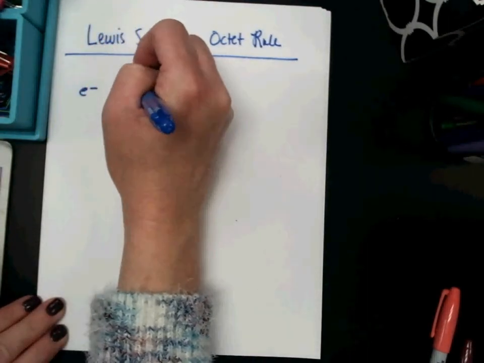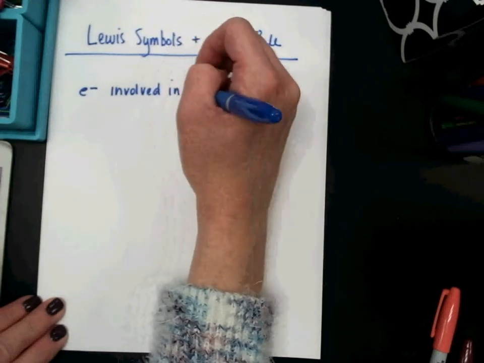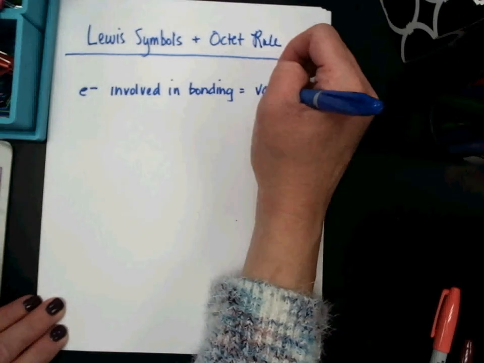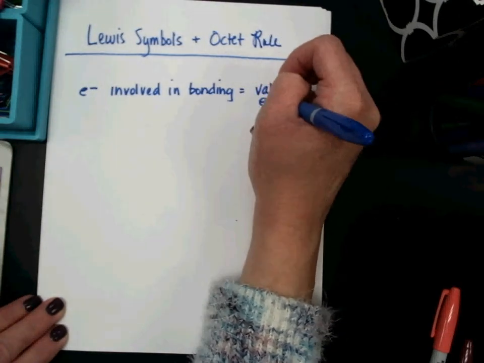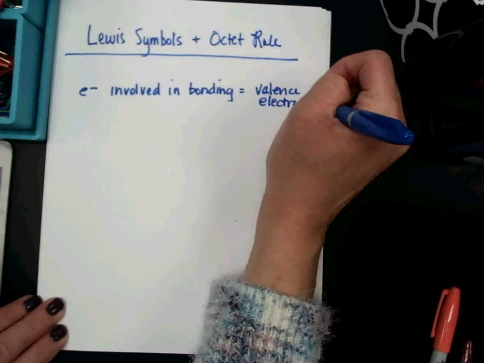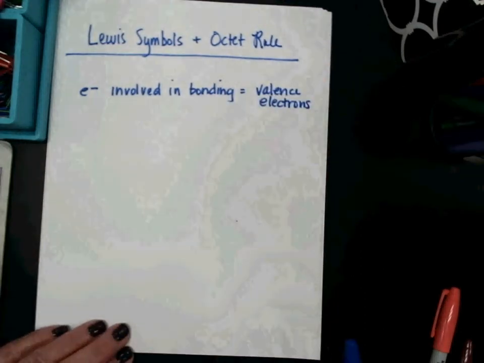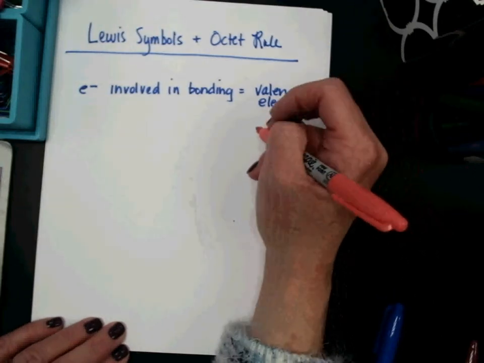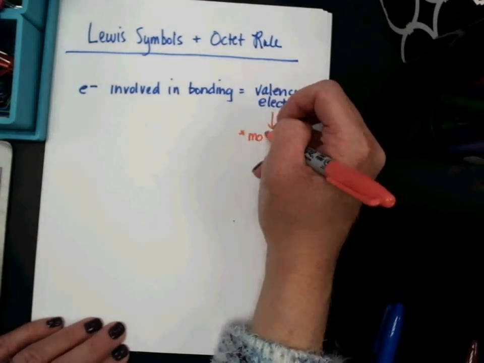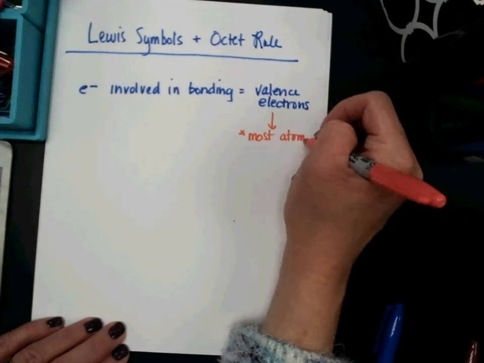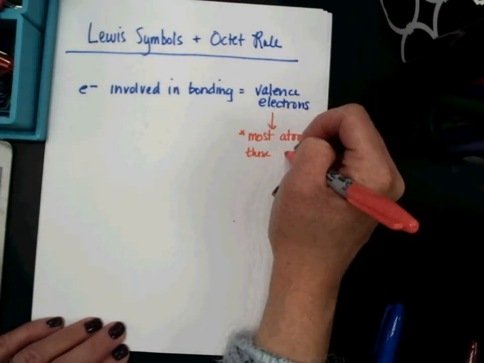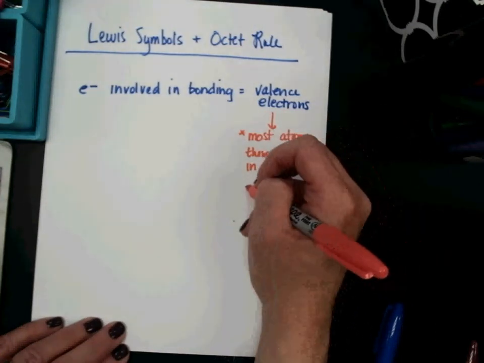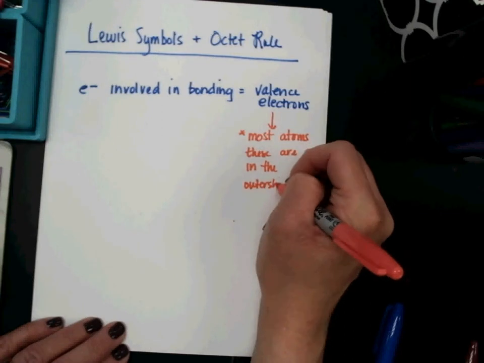These electrons involved in bonding, we know this, they're called the valence electrons. And for most atoms, these are the electrons in the outer shell.